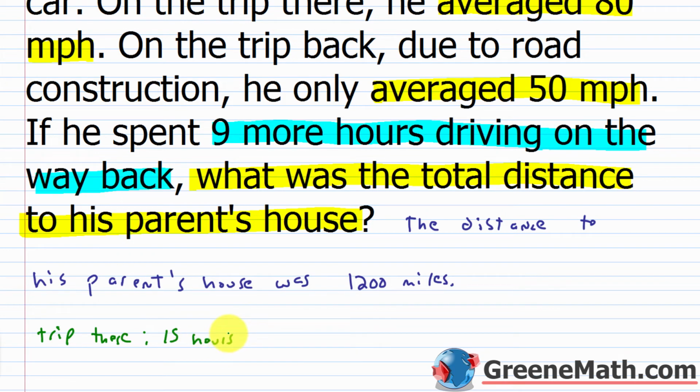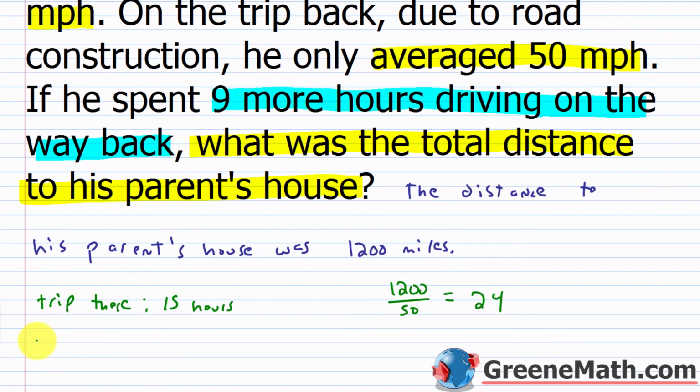Now what about the trip back? So we averaged 50 miles per hour. We want to make sure that this is 9 more hours than the trip there. That's how we know we got the right answer. So we would take 1,200 and divide it by 50, and this is going to give us 24. And that's exactly what we want, right? So the trip back is 24 hours.